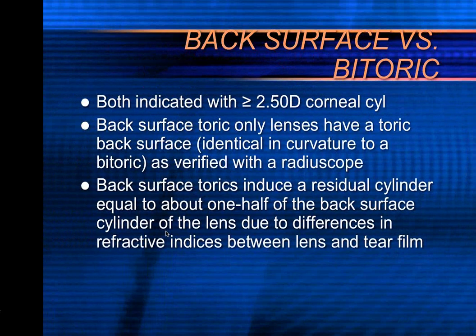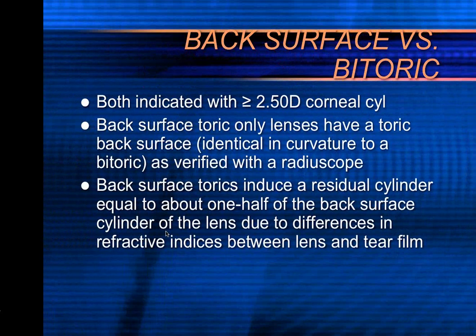And you'll be glad to know I'm going to spare you all the equations that another genius in optometry, Dr. Morton Sarver, developed back in the 60s and published in maybe the best chapter on astigmatism, which was in Dr. Mandel's book. But actually to say it's 1/2 of the back surface cylinder is really not totally fair, because that depends on the refractive index of the material.